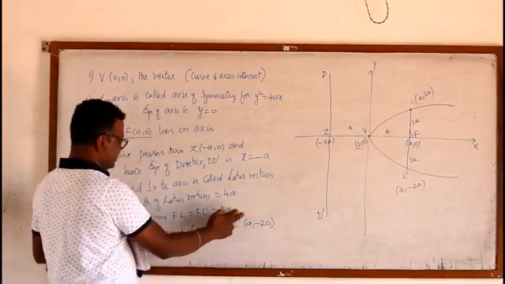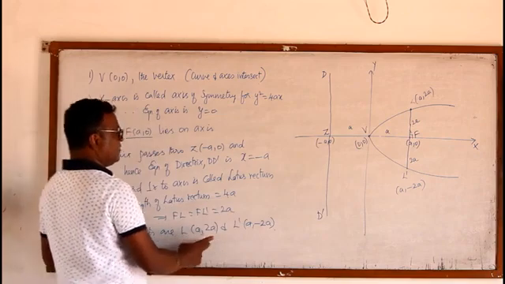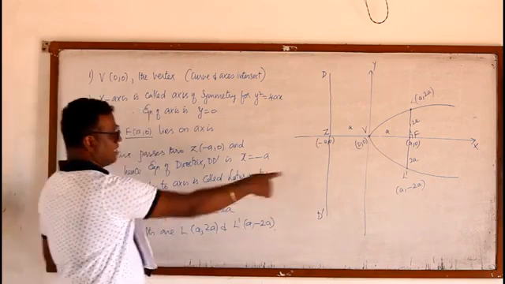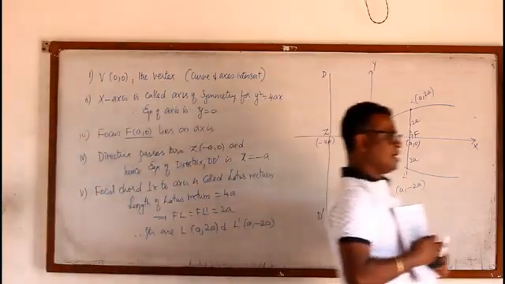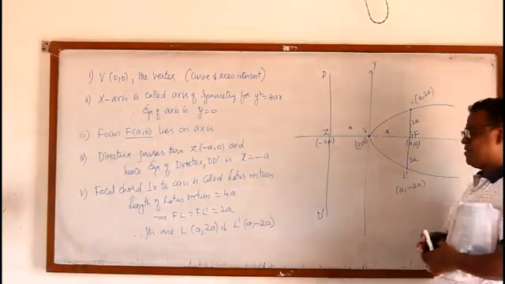This is called semi-latus rectum, and the points are L of a comma 2a and L dash of a comma minus 2a. Now this is one type of parabola, and we call this one the standard parabola.